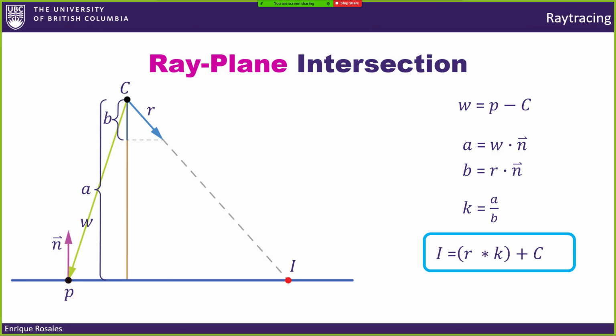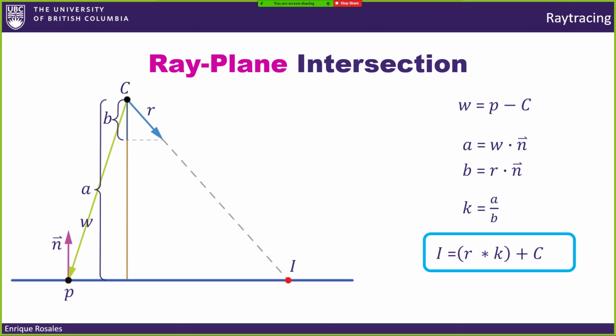In this case, the way you check if you're missing the triangle is with the barycentric coordinates, right? But first you need to compute the intersection with the plane. Once you have the intersection in the plane, you know if you're missing the triangle by taking the barycentric coordinates and checking whether they are close to 1 or basically equal to 1, right?